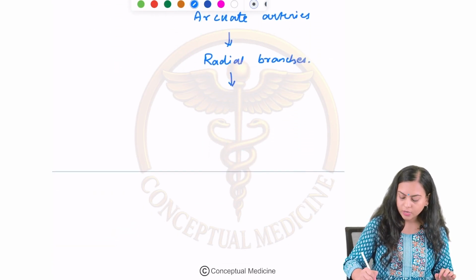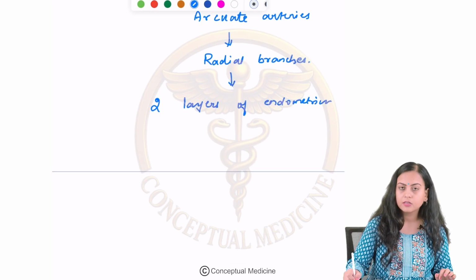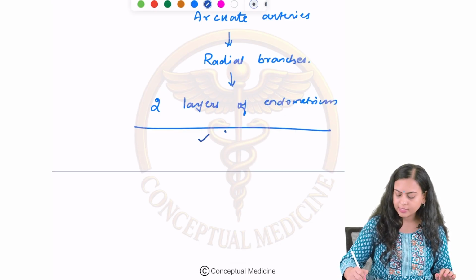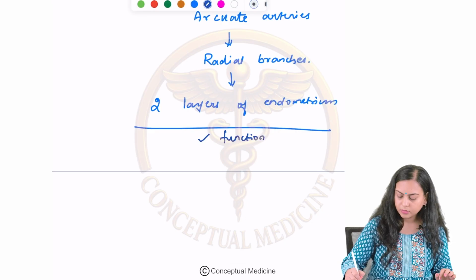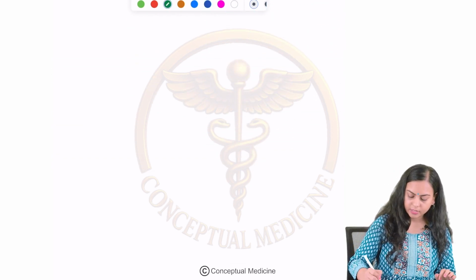So what are the two layers of endometrium? Yes, we have the functionalis layer as well as the basalis layer. Clear? Right.